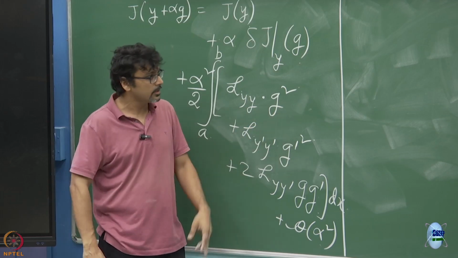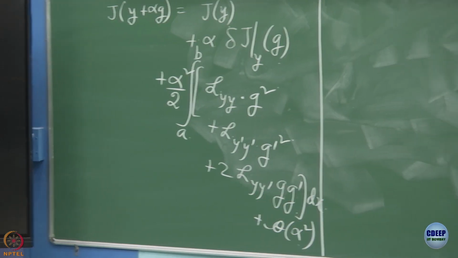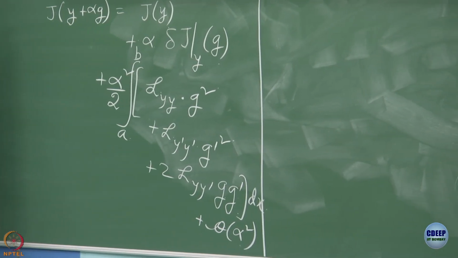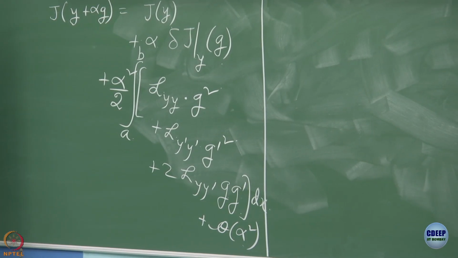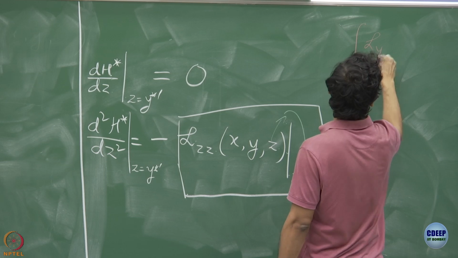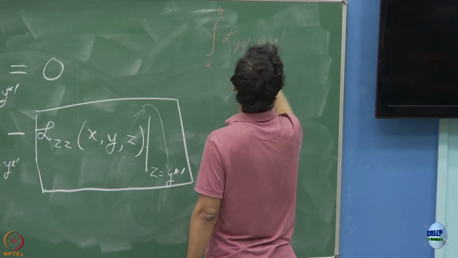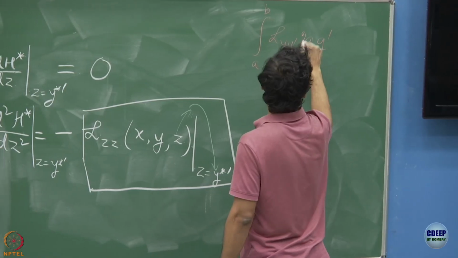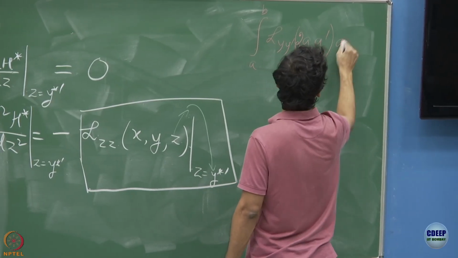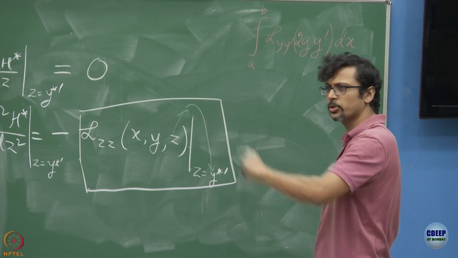It is this term that seems to bug us a little bit, but not really. Once you realize that after all this g is a vanishing perturbation, let's look at the integration from a to b of Ly y prime, let's put a 2 g g prime here, dx. Yes, that's that cross term.